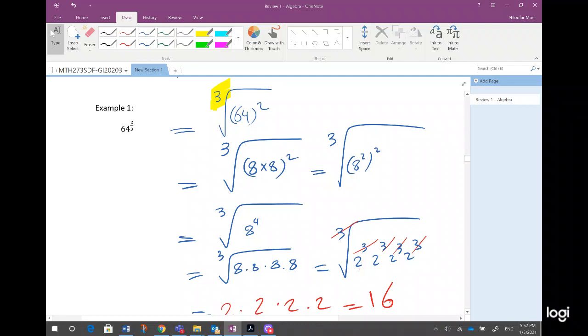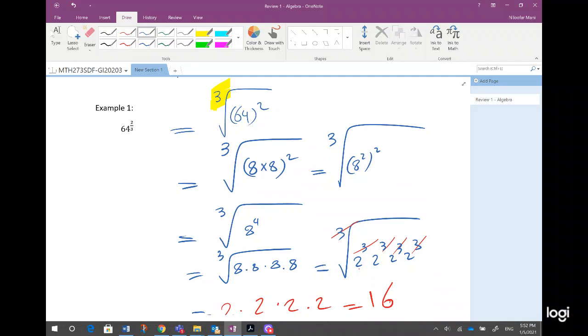So 64 was 8 squared, which is 8 times 8, 8 power 2. I do 8 power 2 power 2, which is 8 power 4, and then each 8 I write as 2 cubed. This is the simplification of radicals. If you were my student, you know it.